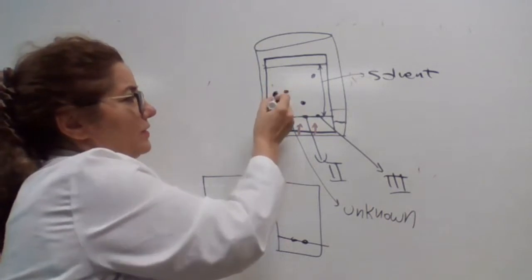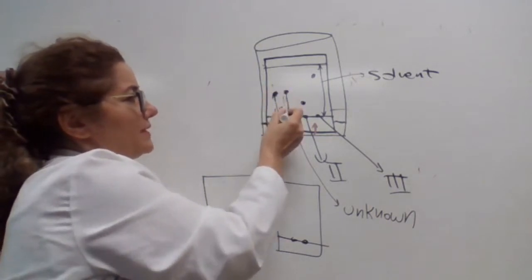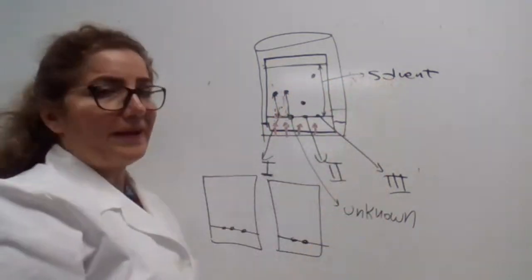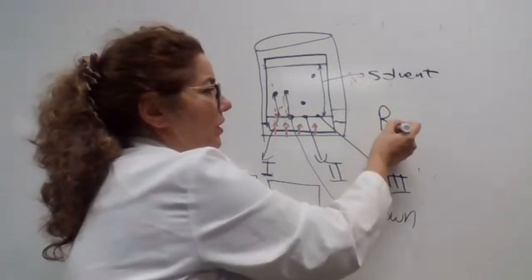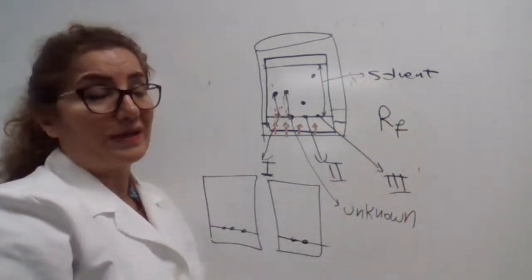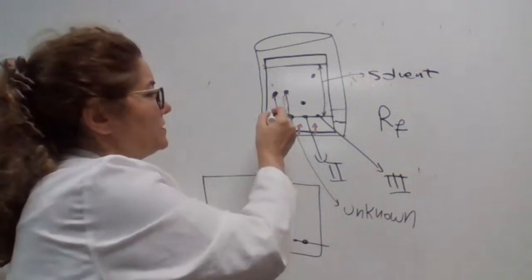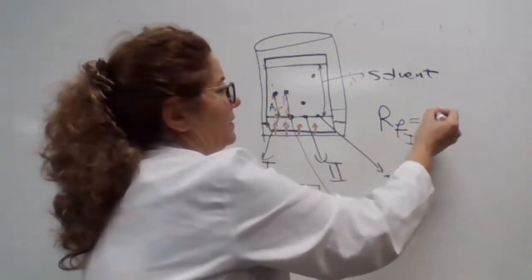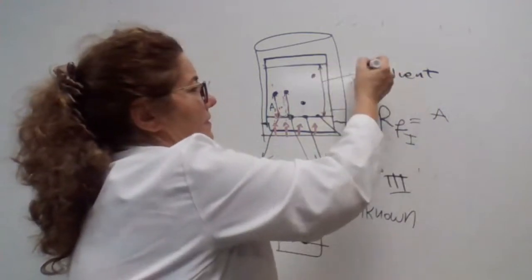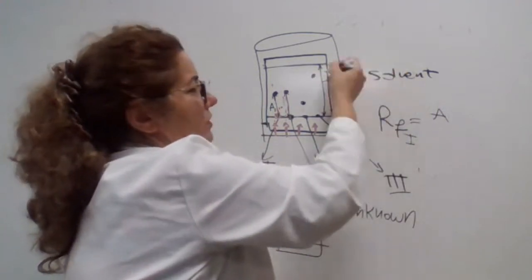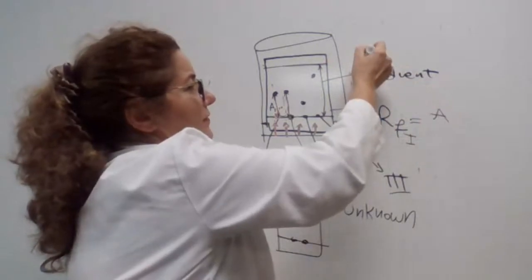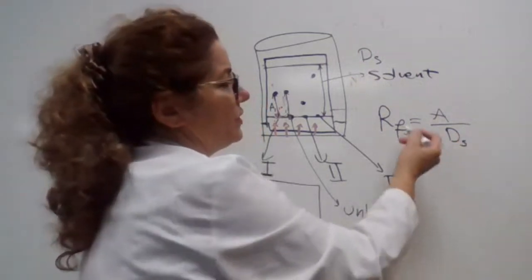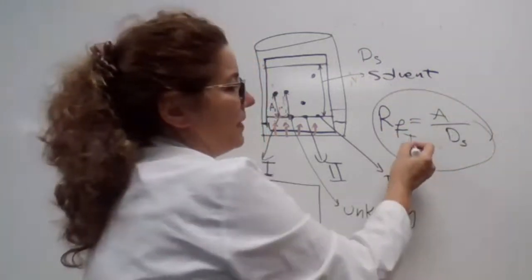So you find the distance traveled by the sample, and you compare it to the distance traveled by the solvent. You find a ratio, and that is called the RF value, or retention factor. For compound 1, if this distance is A, and this is the solvent front, the distance traveled by the solvent, which I'll call DS, you will find a value for compound 1.